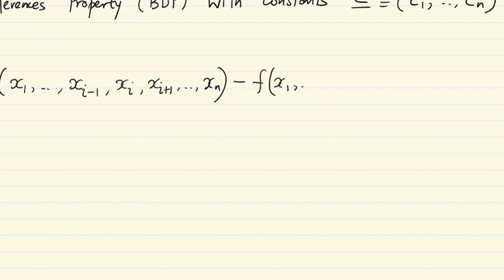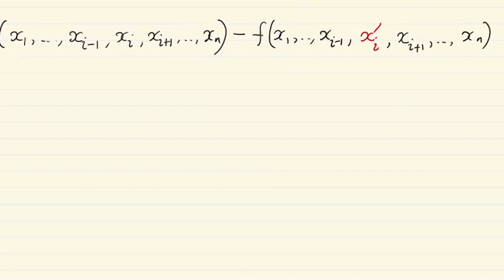So x1 through x_{i-1}, and then instead of xi we put a different argument xi prime, and the remaining arguments are the same. So whenever you have a change of one argument, then the function value deviation is no more than ci. This holds for all choices of xi and the different choice xi prime, and for i being in 1 to n.